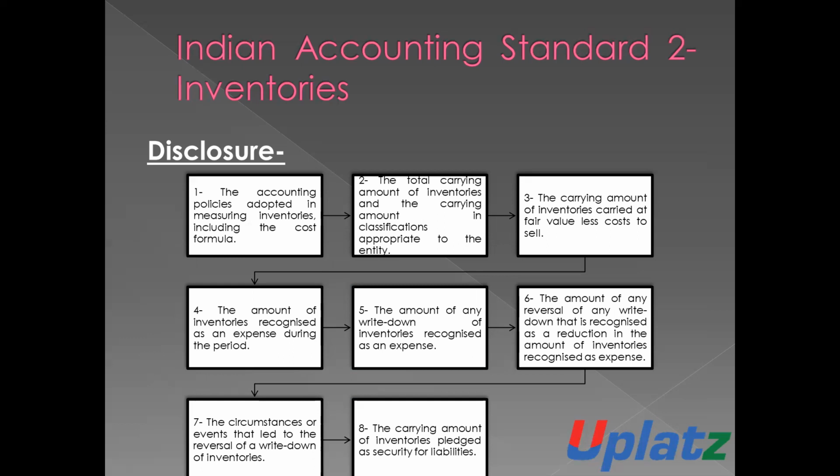The entity will disclose the total carrying amount of inventory and the carrying amount in the classification appropriate to the entity. The entity will also disclose the carrying amount of inventories carried at fair value less cost to sell.